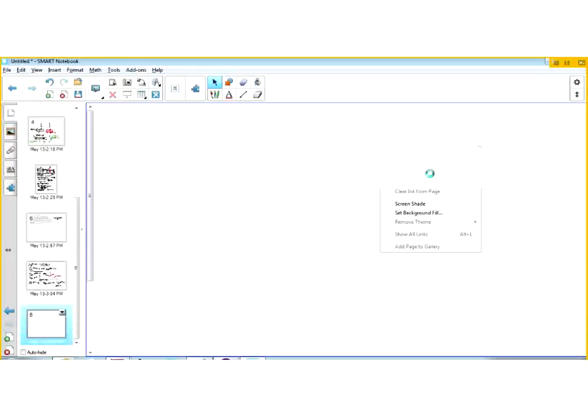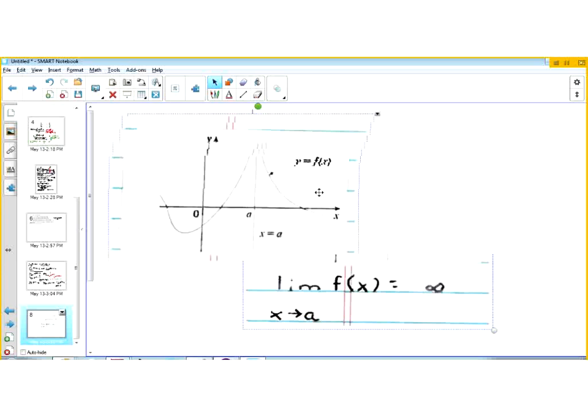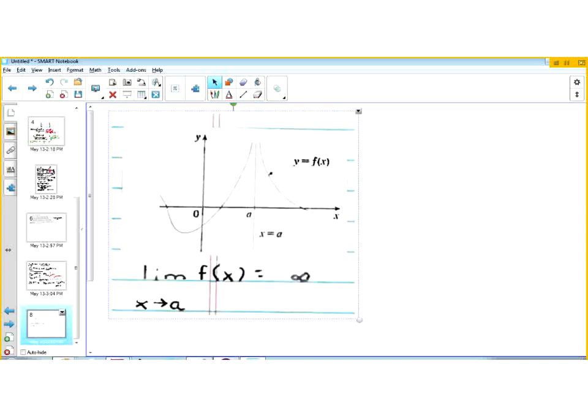So in this drawing, the limit as x approaches a number goes to infinity for this particular function. So can you readily see, as x approaches a from either side, the output goes to infinity.